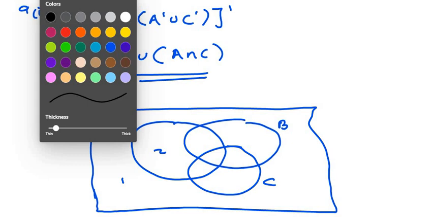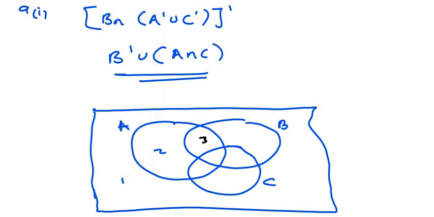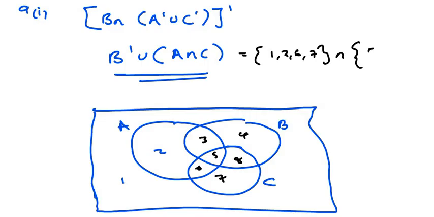Here there's a 3, there's a 4, let me say 5, let's say 6, let's say 7, let's say 8. So B complement, what is outside B? The numbers outside B are simply 1, 2, 6, and 7. That's what's outside B. Then the numbers in the intersection of A and C, what is common between A and C is just 5 and 6, right?